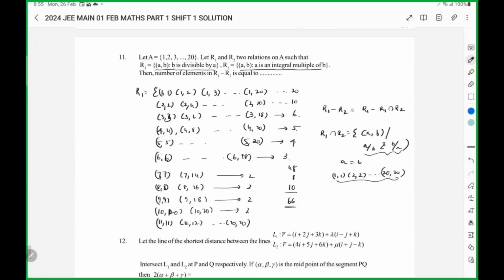So now there are 20 numbers. The final answer will be the number of elements in R1 minus R2, 66 minus 20, 46.